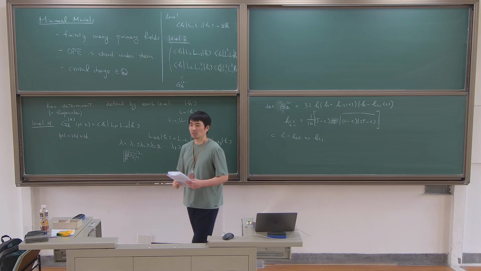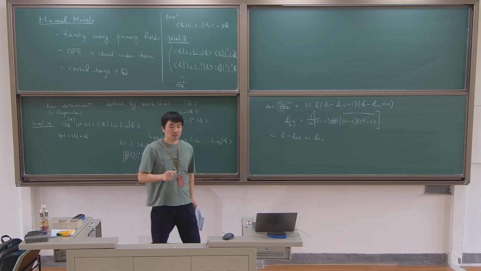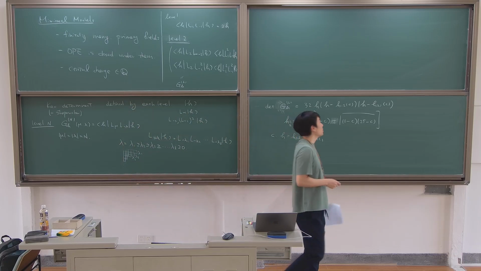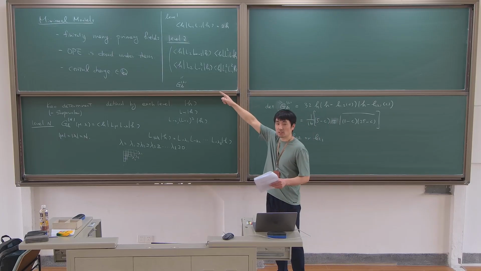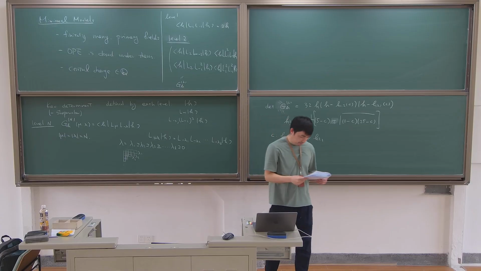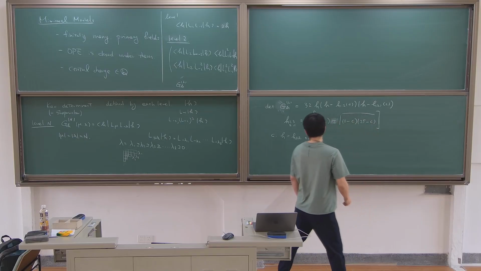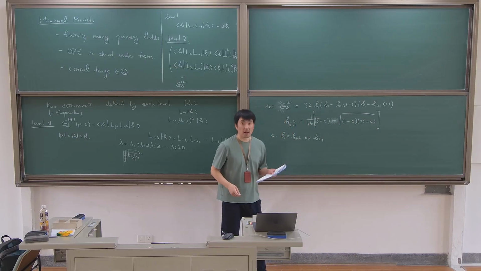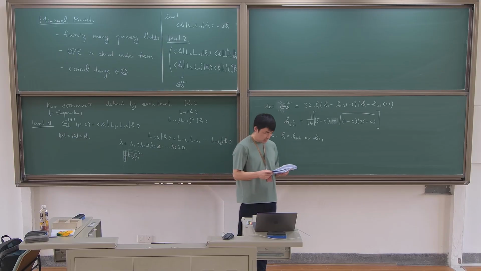Determinant equal to 0 means that the matrix must have a 0 eigenvalue. This is a symmetric matrix, so it can be diagonalized as well. So when the primary field has a particular value, it has a zero eigenvalue.